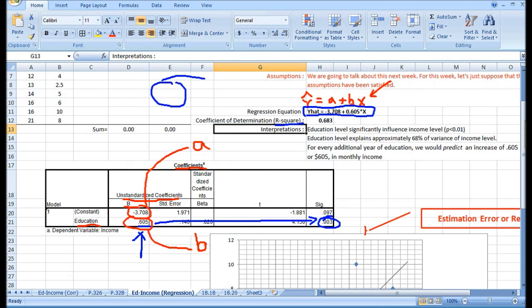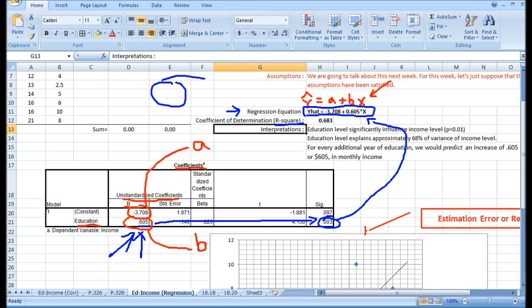So the regression coefficient, which is 0.605, is statistically significant. We can safely use this coefficient in predicting the dependent variable. I mean, we can safely use this regression equation, because the regression coefficient is statistically significant.